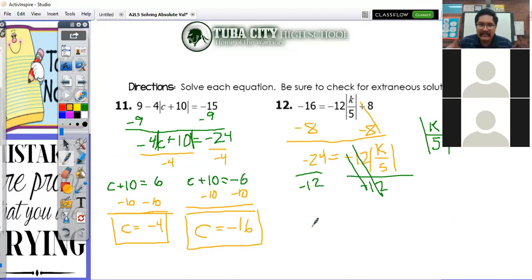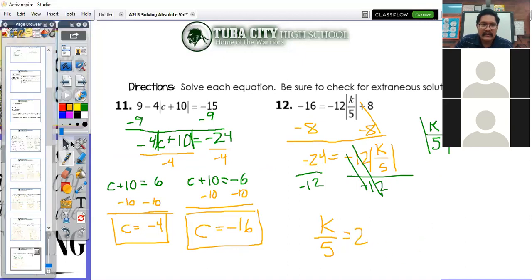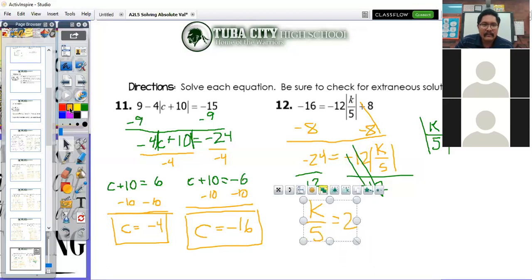I did the same thing, reflexive property. I just switched the sides, everything on one side just moves over to the other side pretty much. K over 5 is 2. I wrote it off to the side because it's a fraction and takes up a little bit more space. So I need to times both sides by 5.